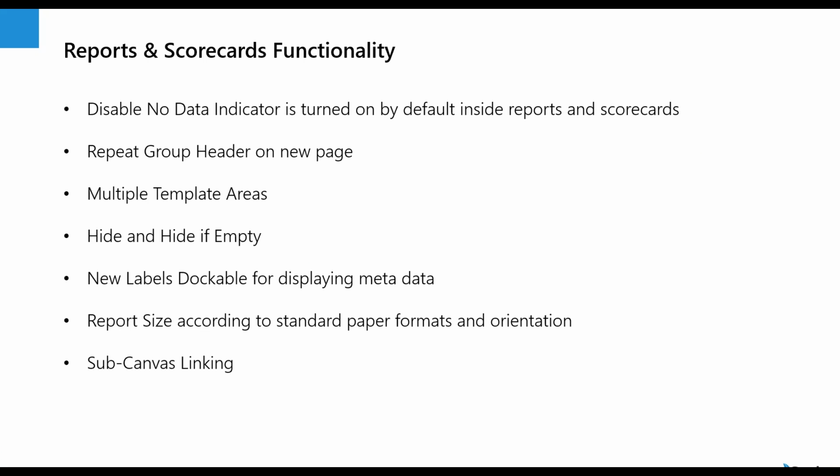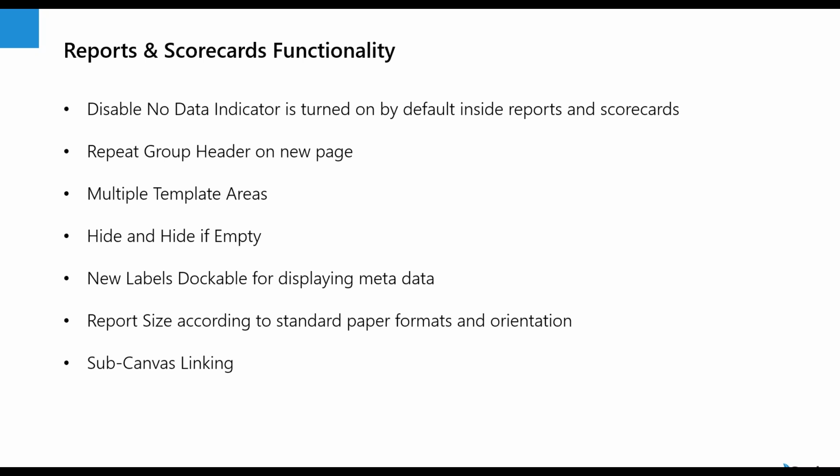So our next feature is repeating a group header on a new page. What happens is you've designed a report and you've got enough repetition that you overflow one page into another. And the problem is on your second page, you start getting these labels, but you don't exactly know what they are.